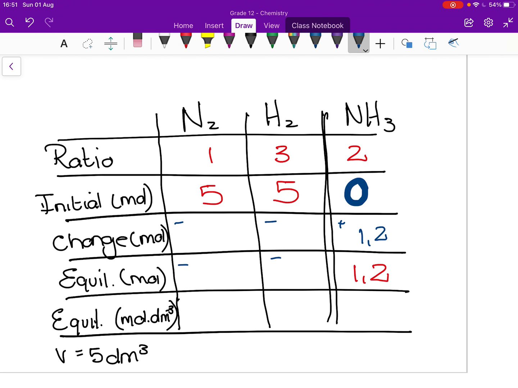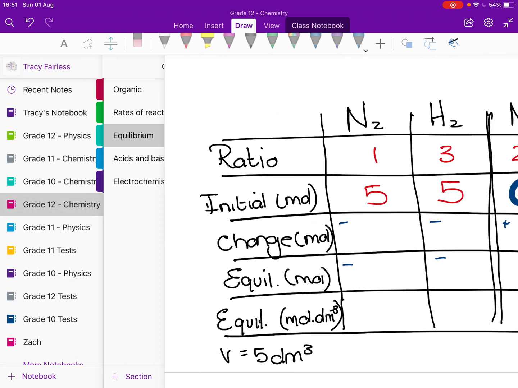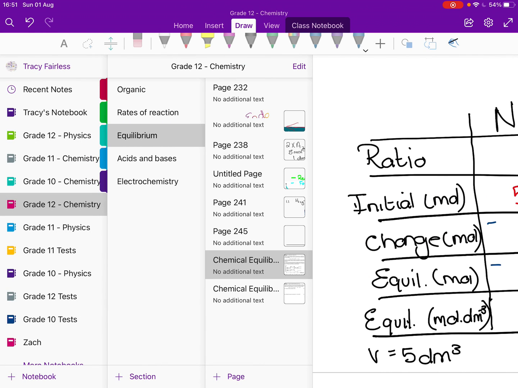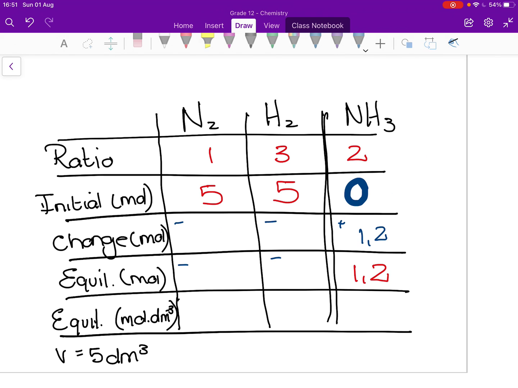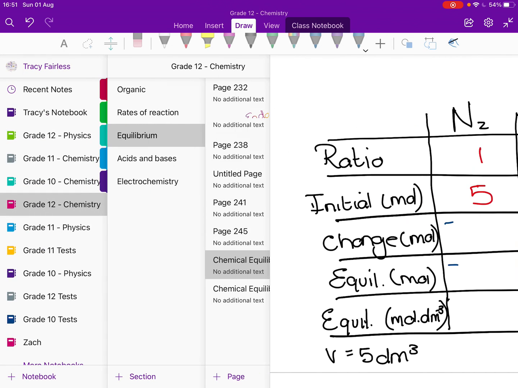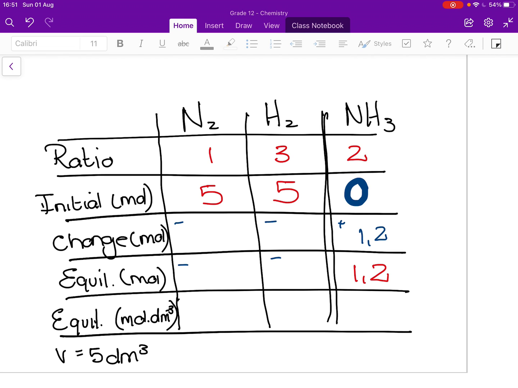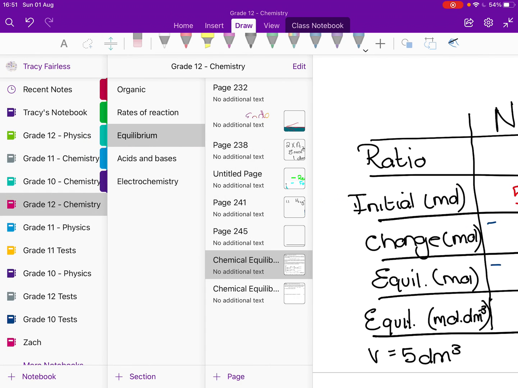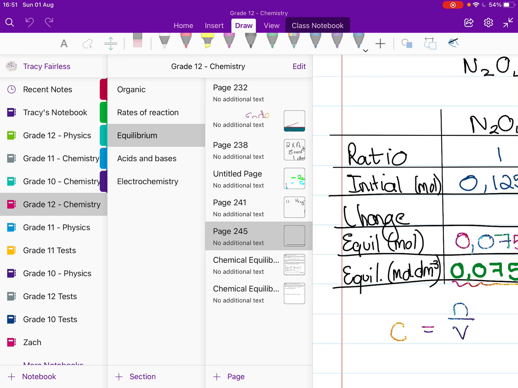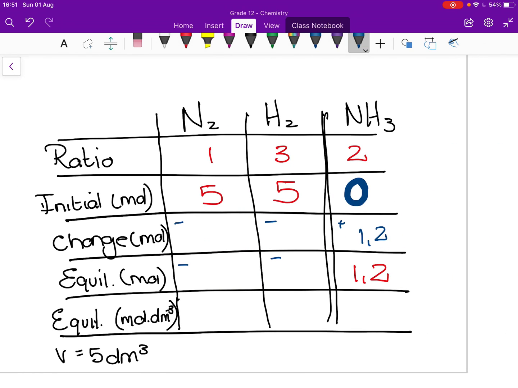Remember, now we've got to do the ratio. Alright, so we need to times by 1 over 2.